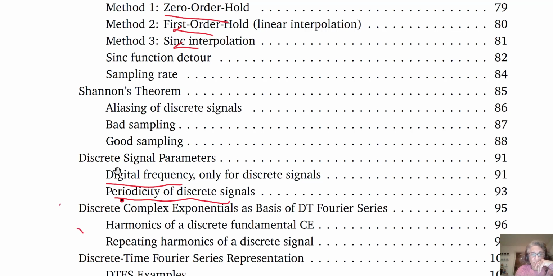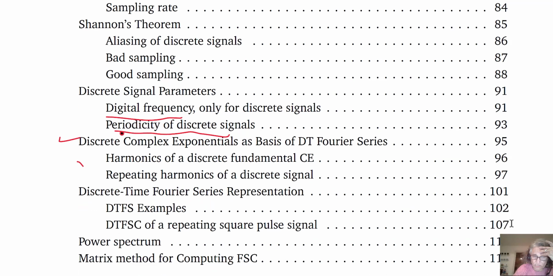Then we're going to look at discrete complex exponentials, which are the basis of discrete time Fourier series, which we're going to discuss here. We're going to look at what it means to have harmonics in a discrete signal, and then what the series itself looks like. We're going to talk about power spectrum and then a matrix method of computing Fourier series coefficients.